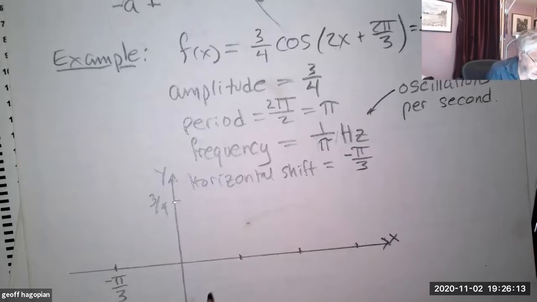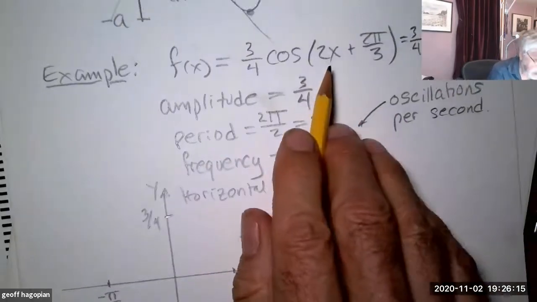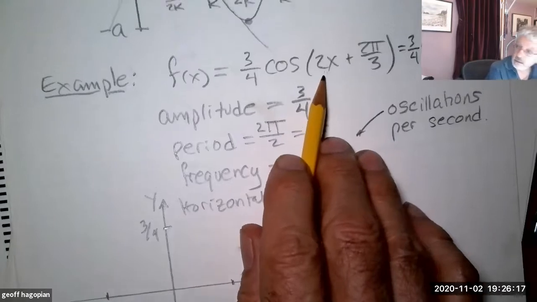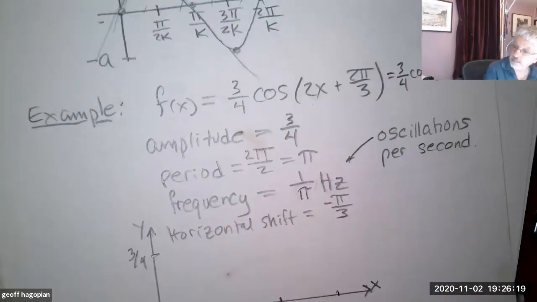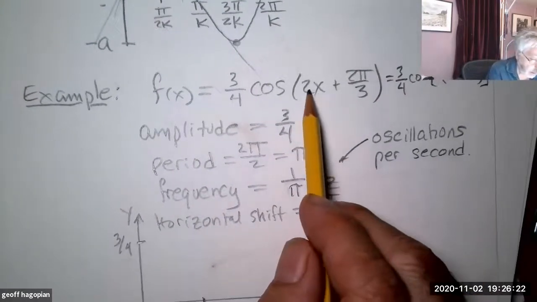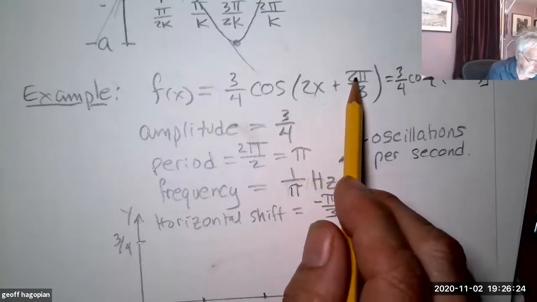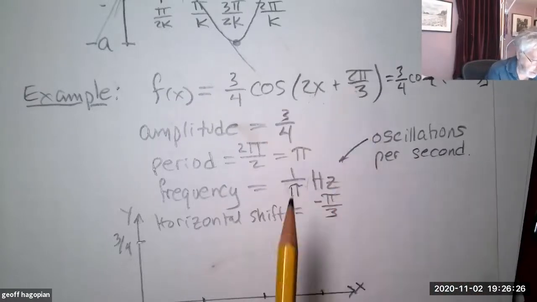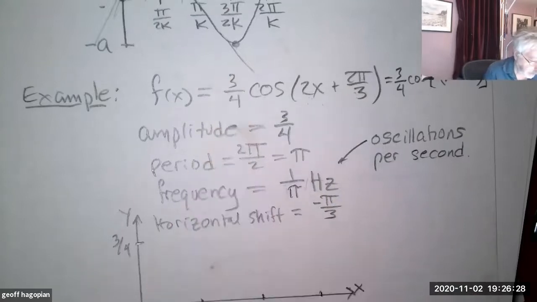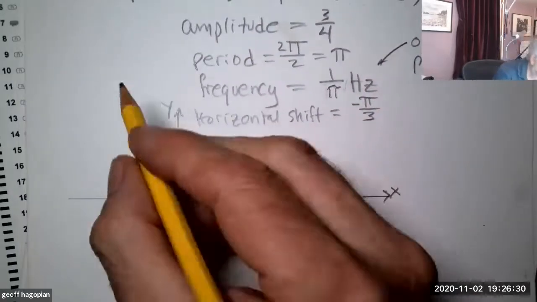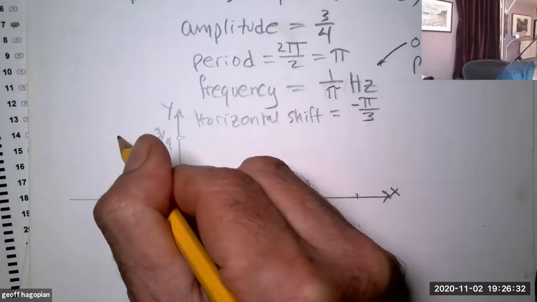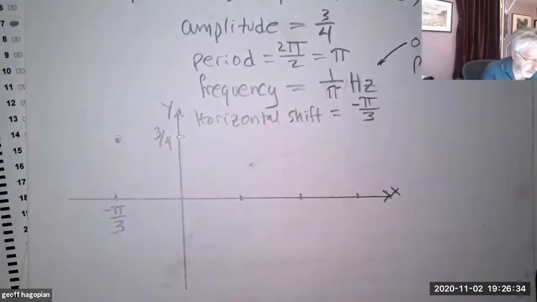So we're going to be at 1 there, right? What happens if I plug in negative pi over 3 here? I'm going to get negative 2 pi over 3 plus 2 pi over 3. That's 0. Cosine of 0 is 1. Times 3/4 will take me to my maximum displacement, the peak, right? Because this is a cosine curve.